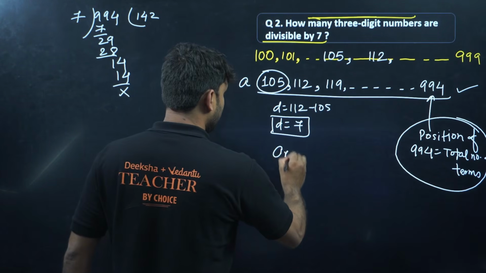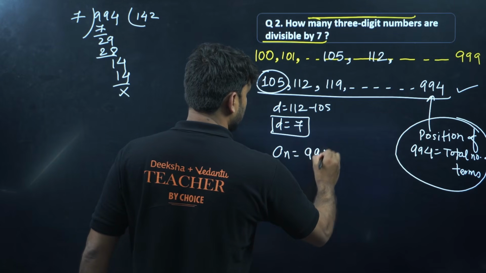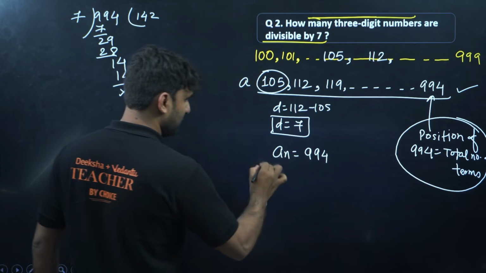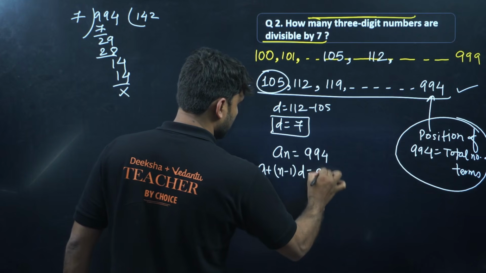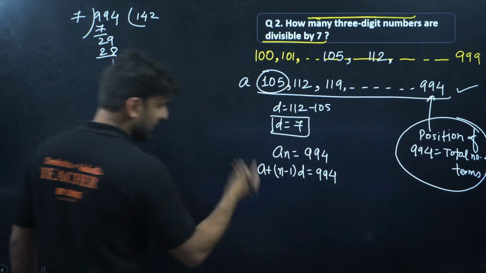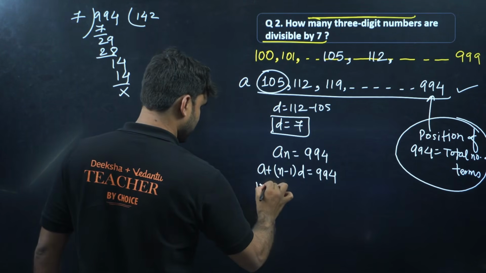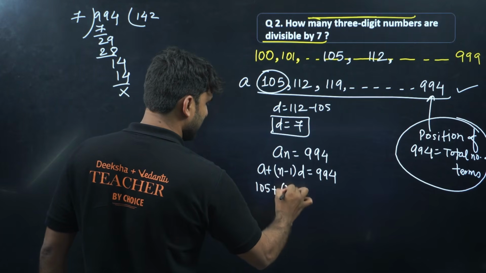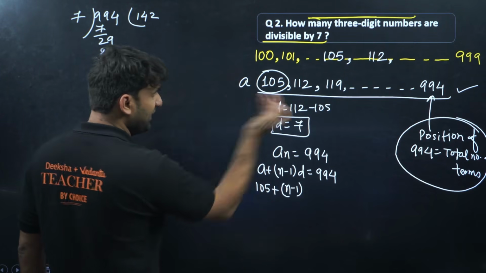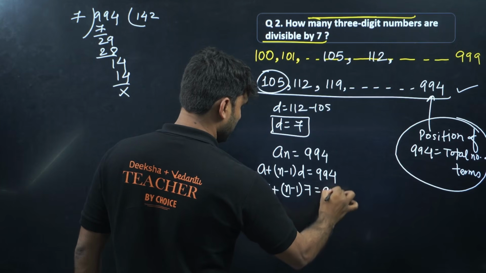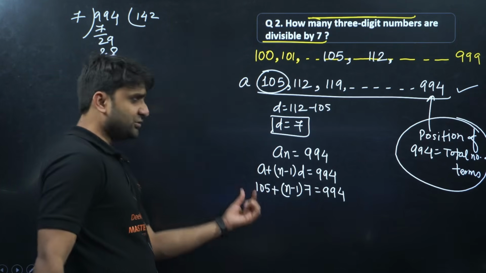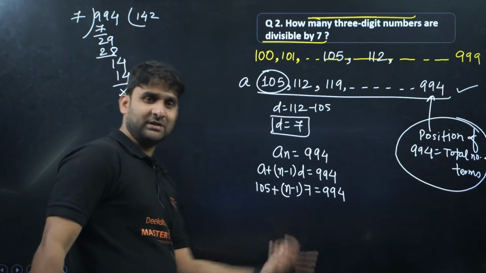So an is equal to 994. an is equal to a plus n minus 1 into d, which is equal to 994. Here a is 105, plus n minus 1 into d, and d will be 112 minus 105, which is 7, equal to 994. 105 can be shifted, yes, we can.